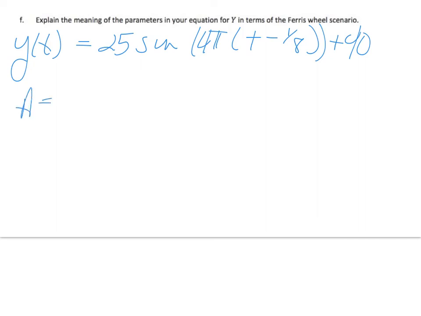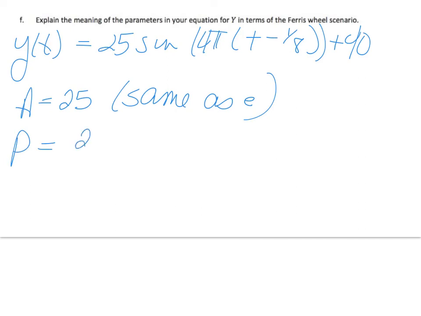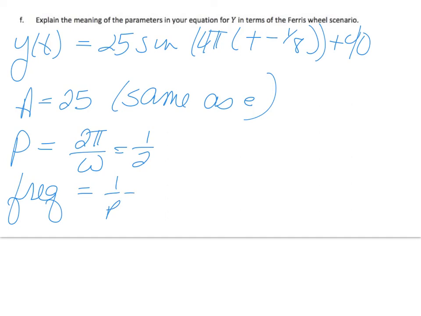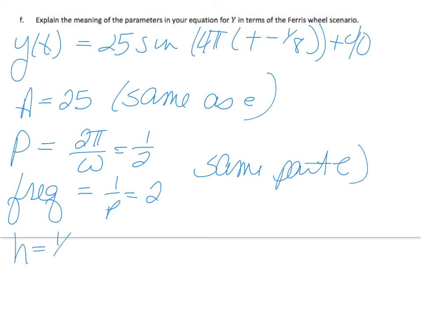Again, amplitude is 25, same as part E. The period is 2 pi over omega, which is 1/2. The frequency is 2, same as part E. So go ahead and read that one. Phase shift is 1/8, same as part E.